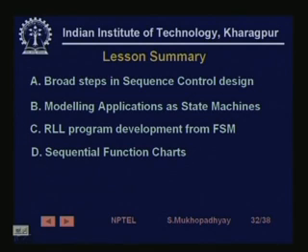And finally, we found a syntax, a graphical language, which can capture this flow of logic in terms of states and transitions. So this program flow description strategy using sequential function charts we have seen.